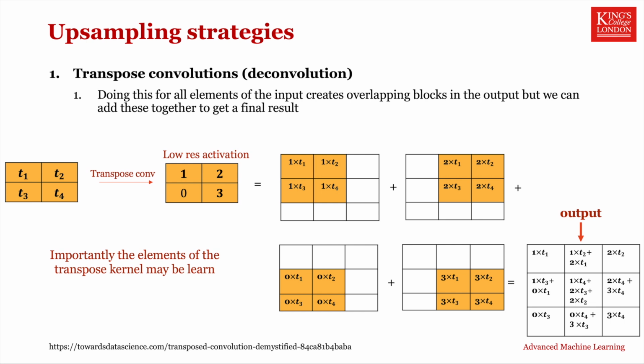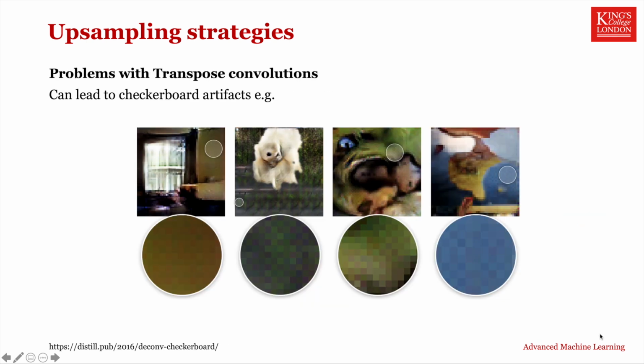The final upsample is then estimated by adding all overlapping blocks estimated from these operations to return the final result. So we sum the top left, the top right, bottom left and bottom right, seeing that these centre elements represented by this cross are overlapping and summed together.